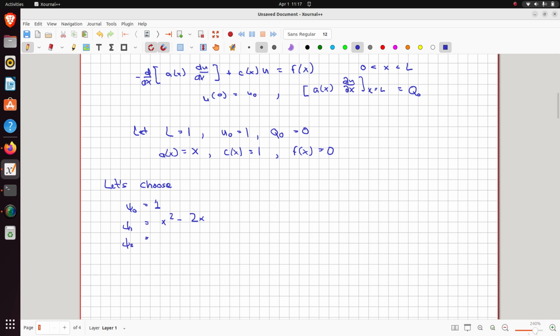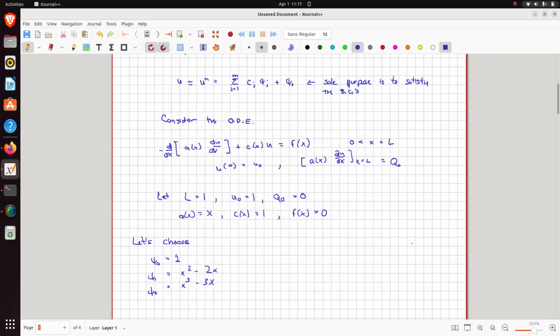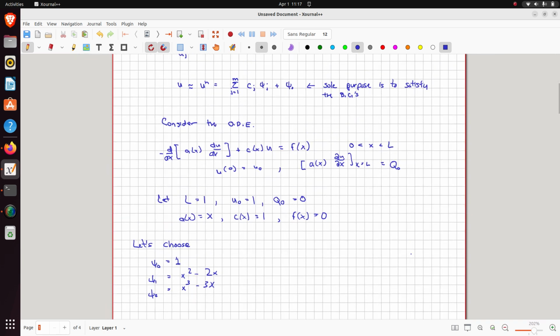Phi 2 is going to be equal to x cubed minus 3x. And again, I'm not going to say why right now, but we'll come back to that later. Okay? So those are our phis in this approximation right here. Okay?